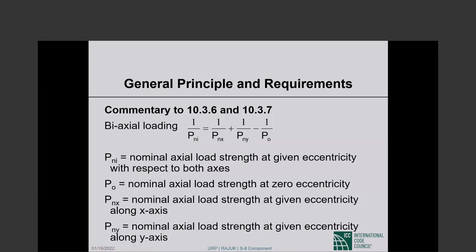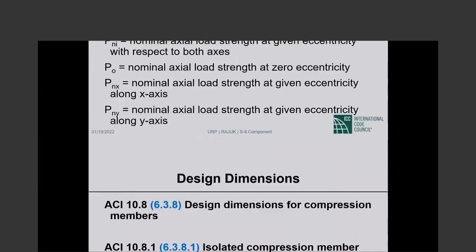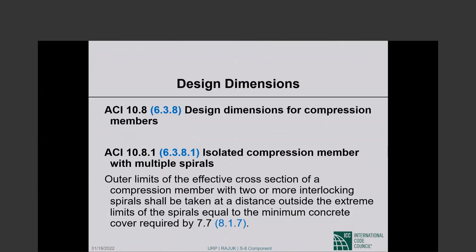And P sub ni is given in terms of the other three quantities by this expression. As I pointed out, this is from the commentary to ACI 318-08, sections 10.3.6, 10.3.7. There is a little more writing there than I have reproduced. So if this is your topic, it will be worth your while reading it.